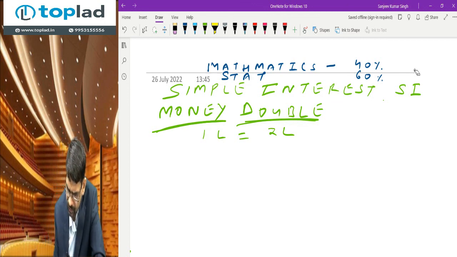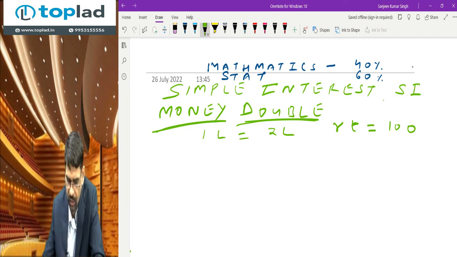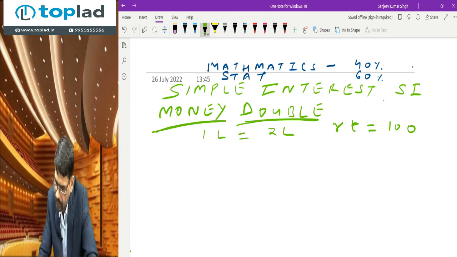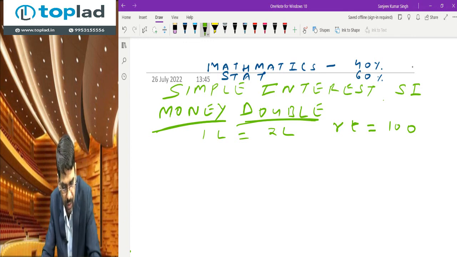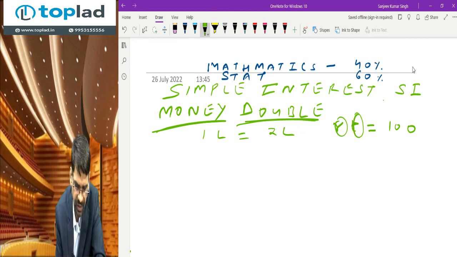So the formula is, this is the money double formula. Money double formula is RT is equal to 100. Either R is given or T is given.